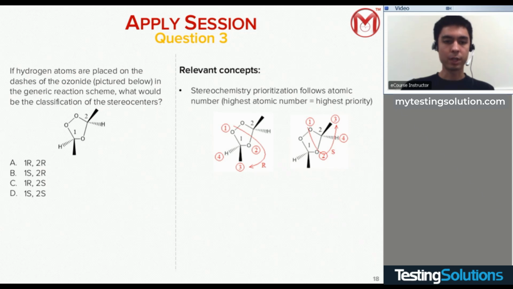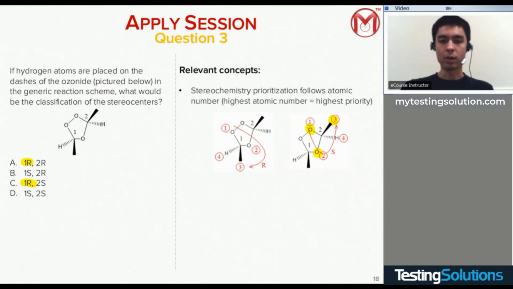Okay, so the first answer option is going to be 1R. I've narrowed it down to either A or C. Let's do the same exercise with carbon number 2. This was the highest priority oxygen, number 2, number 3. Again, these 3 groups are pointing basically out at us.